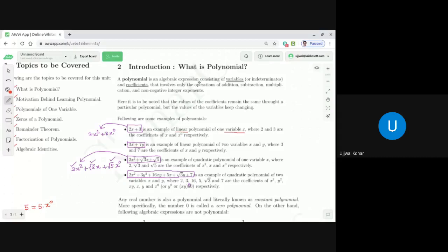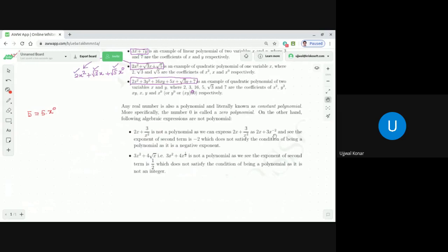A polynomial is an algebraic expression consisting of variables and coefficients that involves only the operations of addition, subtraction, multiplication, and non-negative integer exponents. Very important. But here, the exponent of x for the second term is minus 2, which is not non-negative. Hence, it is not a polynomial.